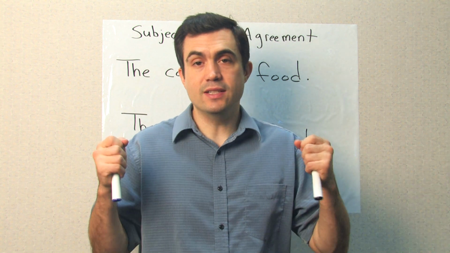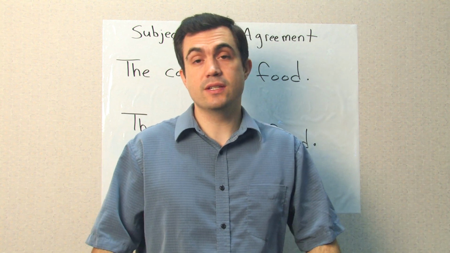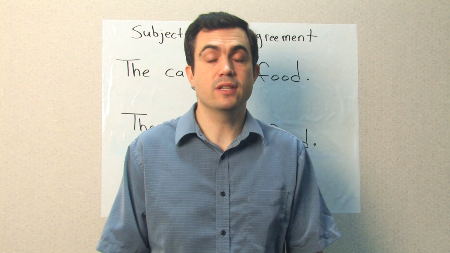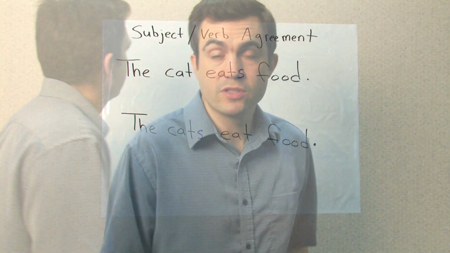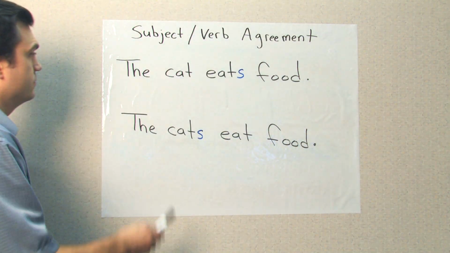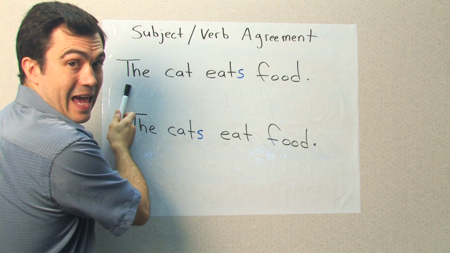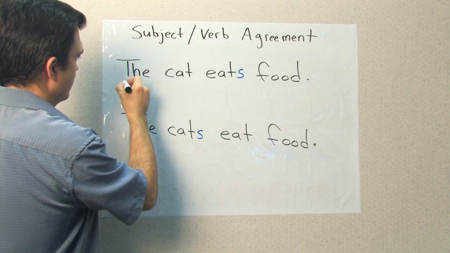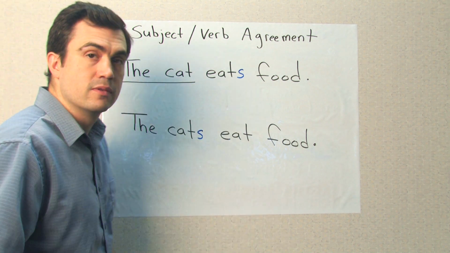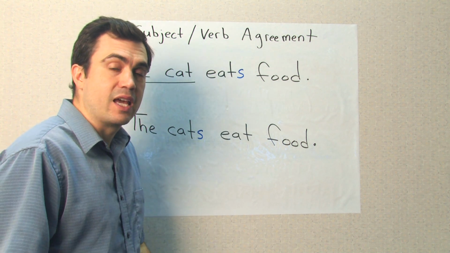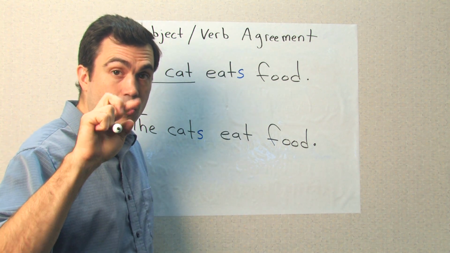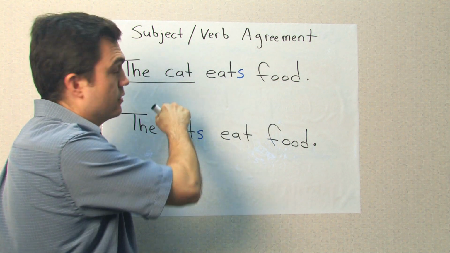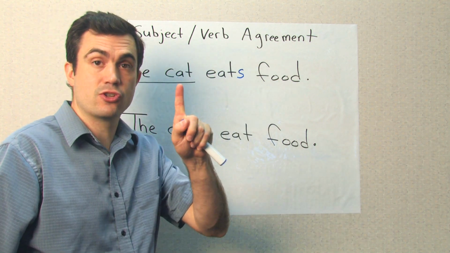The subject is a noun, and the verb is the action in most cases. Okay, so in this example we have the cat. Is the cat singular or plural? The cat is singular, just one.